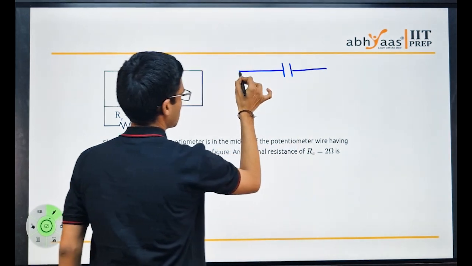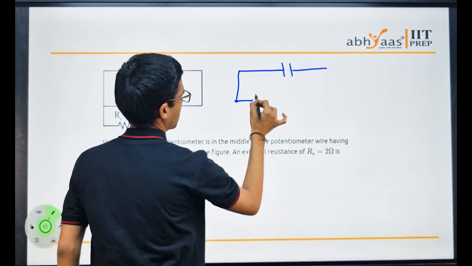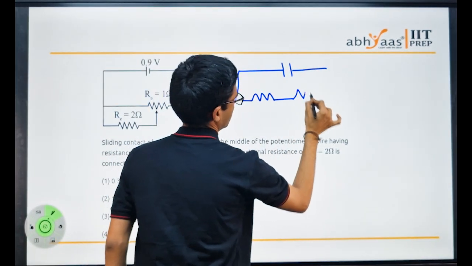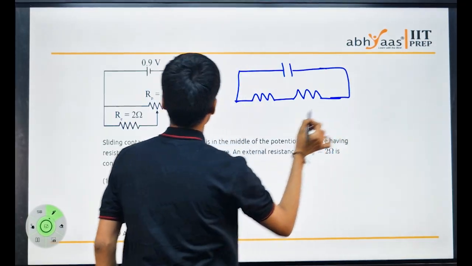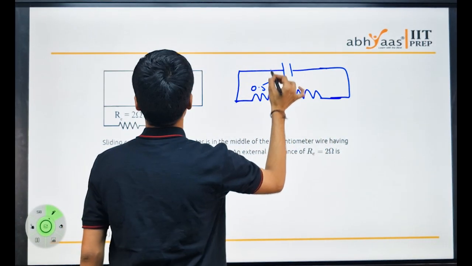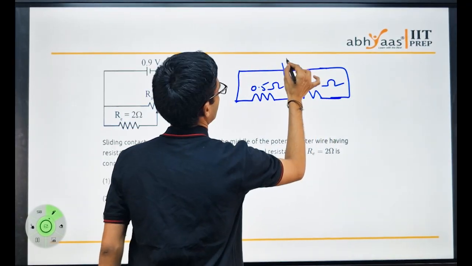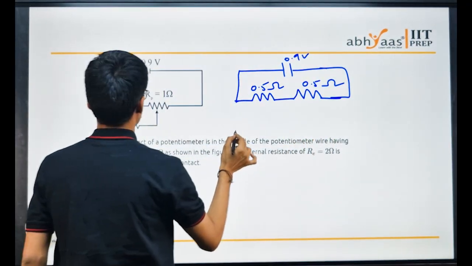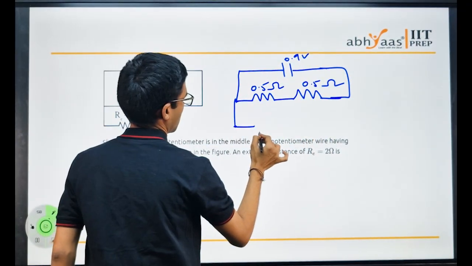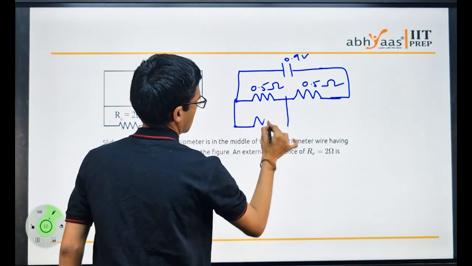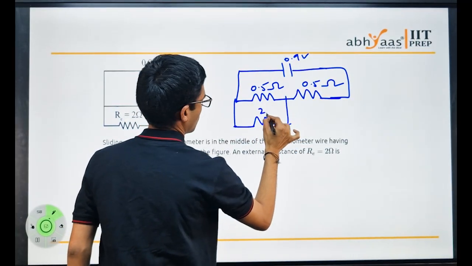I am just modifying this circuit based on the given data. This is 0.5 ohms, this is also 0.5 ohms, this is 0.9 volts. This is RE, the external resistance, that is 2 ohms.